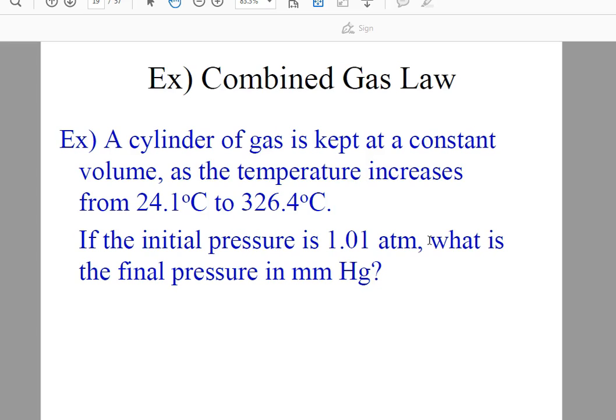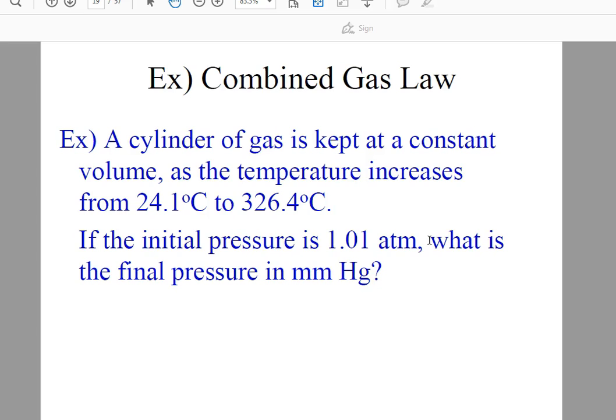So a cylinder of gas is kept at a constant volume. Okay, that's a key piece of information. If the volume is constant, then I don't need volume in this equation. It's going to cancel out. The temperature increases from 24.1.